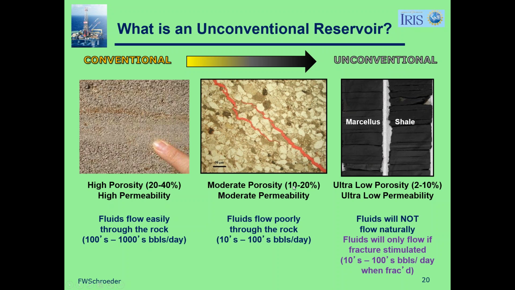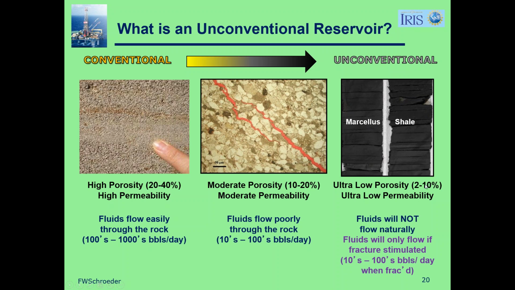Moderate porosity might be in the range of 10 to 20% with some moderate permeability. A well in this type of a reservoir might produce a few tens of barrels to maybe a couple of hundred barrels a day. And on the right, this is a slide with the example from a Marcellus shale up in the northeast United States.